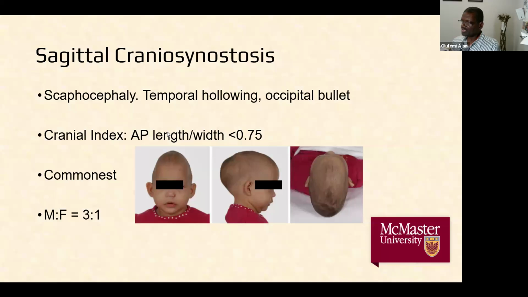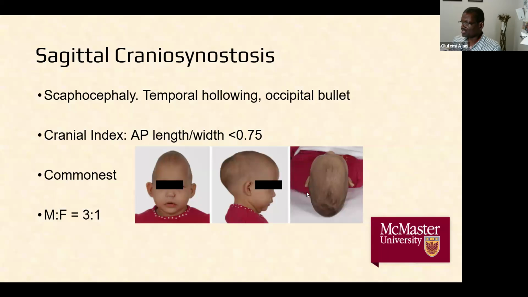Now, the degree of scaphocephaly can be measured by craniometrics. And what we do measure is an index called the cranial index or cephalic index. And it is defined as the AP length, that is the length from the front to the back, divided by the length from side to side, the widest side to side diameter.